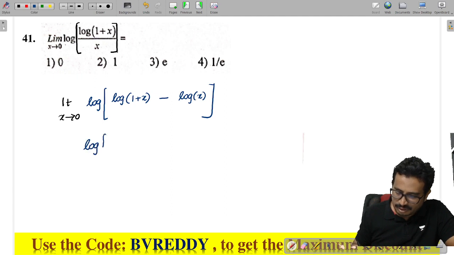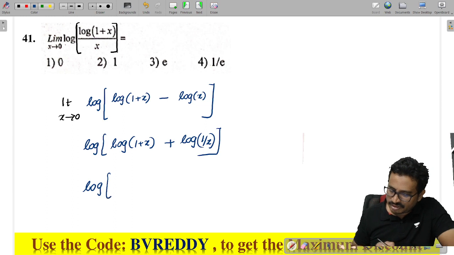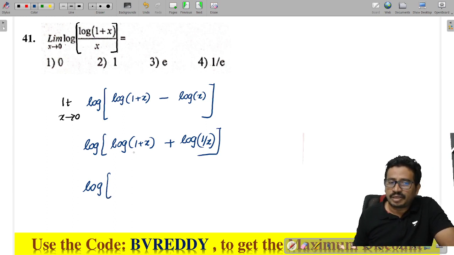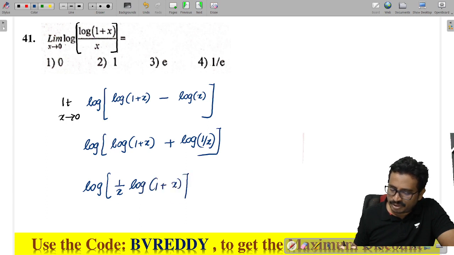So log of 1 plus x, which we can write as a plus, and I can take this as log of 1 by x. In the form of log a plus log b, which equals log of ab, we can write this as 1 by x into log of 1 plus x.